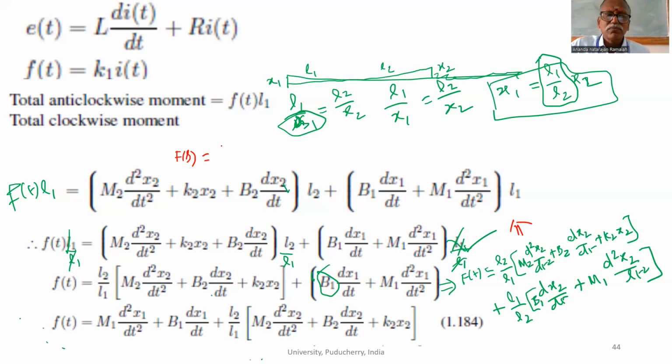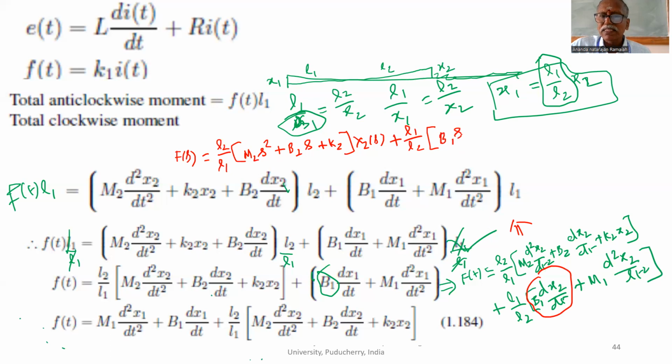F of s equal to L2 upon L1 times m2 s square x2 of s plus b2 s x2 of s plus k2 x2 of s, plus L1 upon L2 times, if we take the Laplace transform of this, what you will get? b1 s x2 of s plus m1 s square x2 of s.